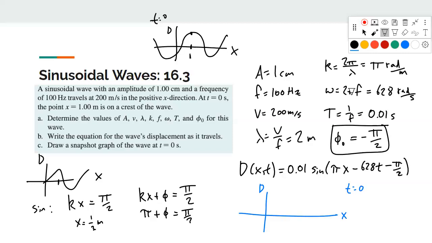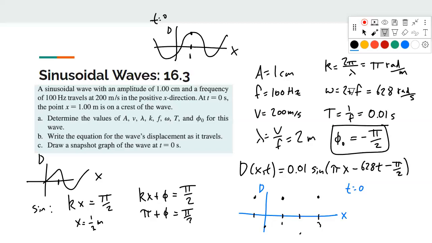But they already tell us at time 0 that a position of 1 has a crest. And we know that the wavelength is 2 meters. So we know that if we go over to position 3, we'll have another crest. So we have a trough down here, a trough down here, a crest up here.